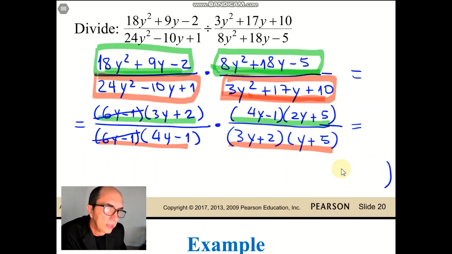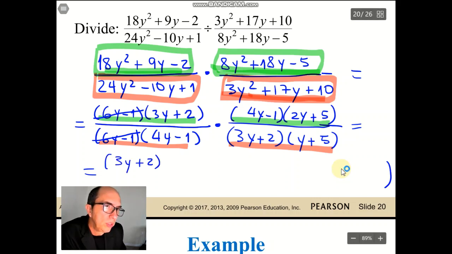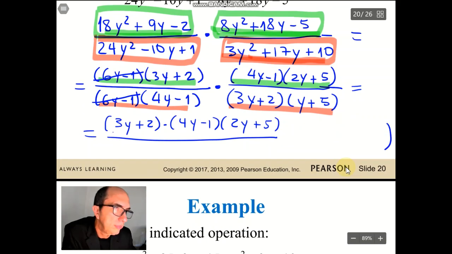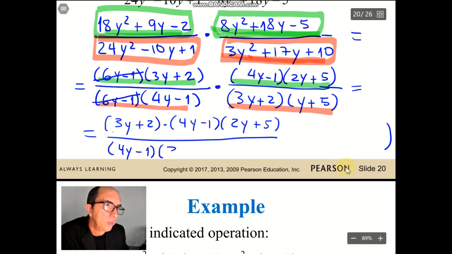We simplify this, and we can simplify even more: 3y plus 2 multiplied by 4y minus 1 multiplied by 2y plus 5 over 4y minus 1 times 3y plus 2 times y plus 5.